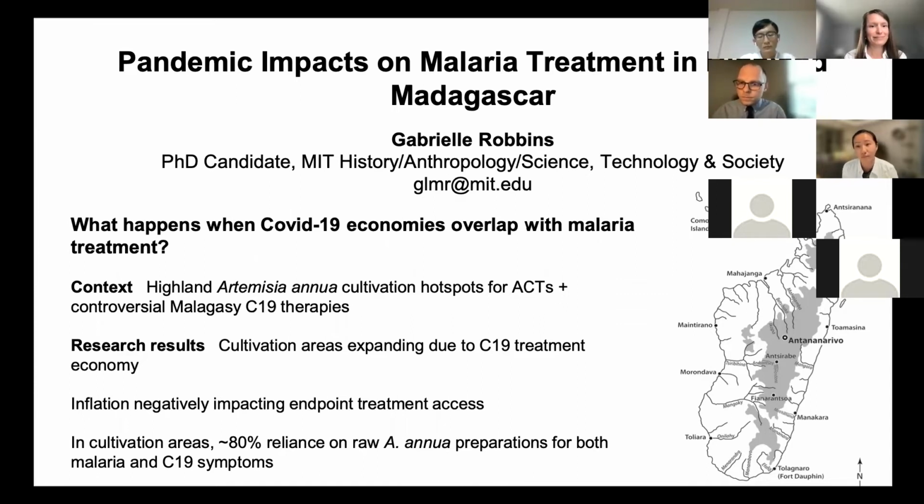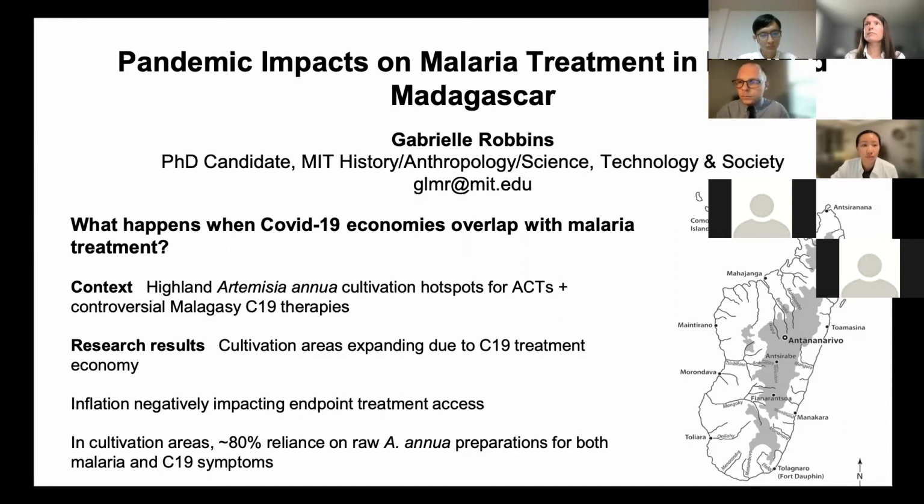Hello everyone, I'm Gabrielle Robbins. I'm a medical anthropologist and a PhD candidate at MIT. I research plant-based medical industries in highland Madagascar and their implications for global and environmental health. So what economies am I talking about here? Artemisia annua has been cultivated in the highlands in this area shaded in gray since 2005 to make artemisinin for ACTs. In 2020, the Madagascar president also rolled out a COVID-19 preventative/treatment that also uses artemisia.